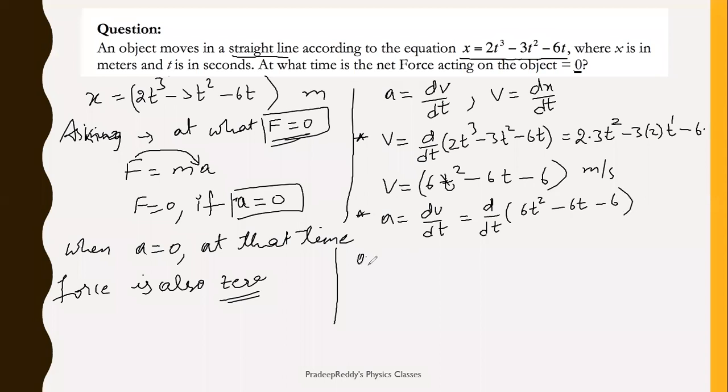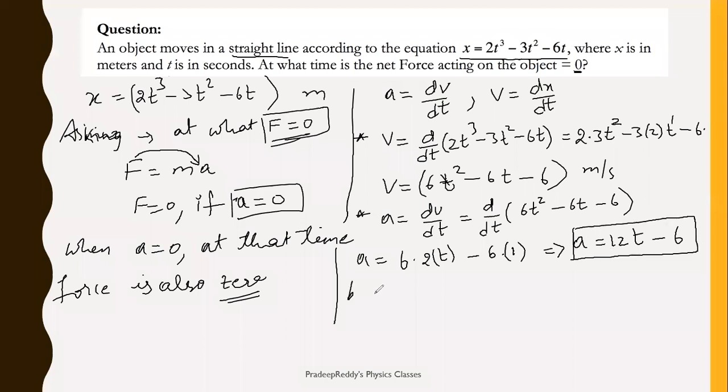So a will be equal to, differentiating this, 6 into d by dt of t square, that is 2t, minus 6 into dt by dt, it is 1. Okay, this is equal to a is 12t minus 6, right? This is the equation for acceleration.